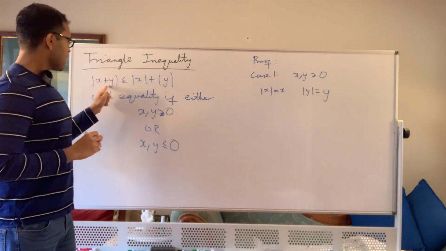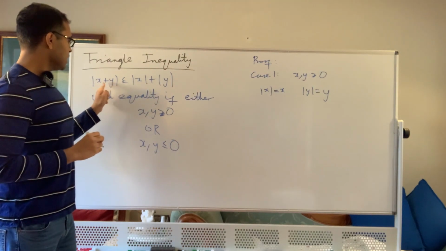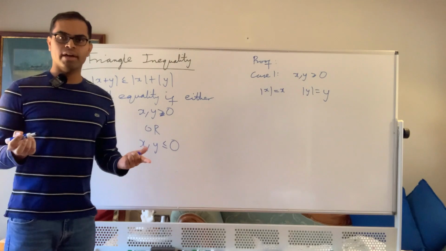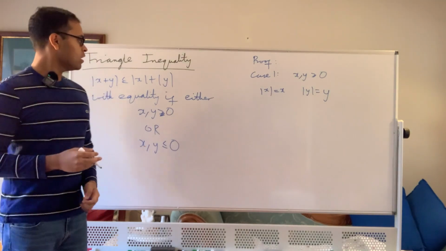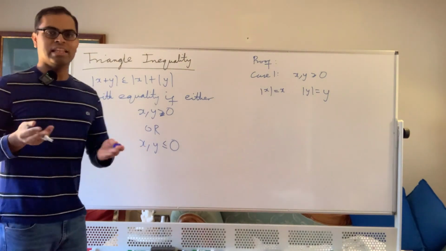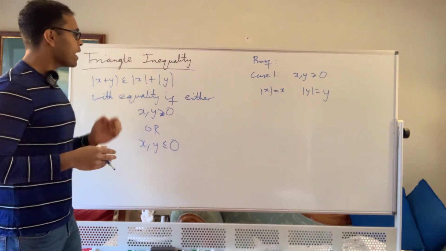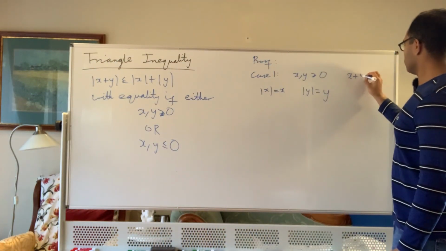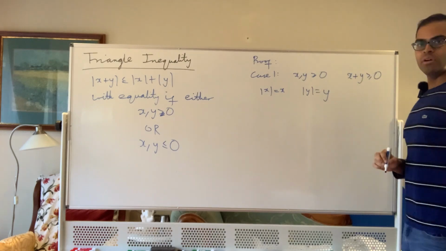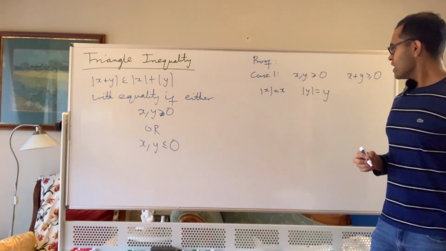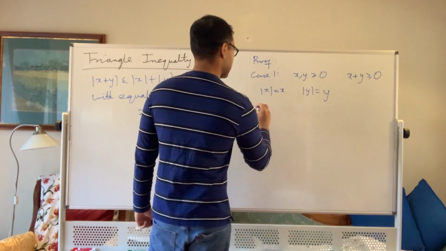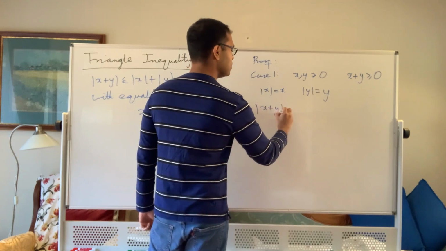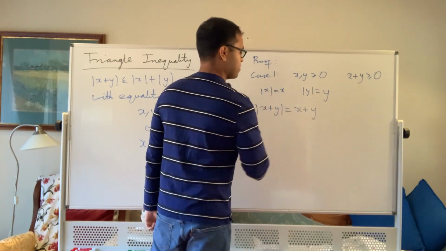On the left hand side, what is x plus y? Well, x plus y is just going to be a non-negative number as well. Because x and y are non-negative, the absolute value of x plus y is also equal to x plus y.